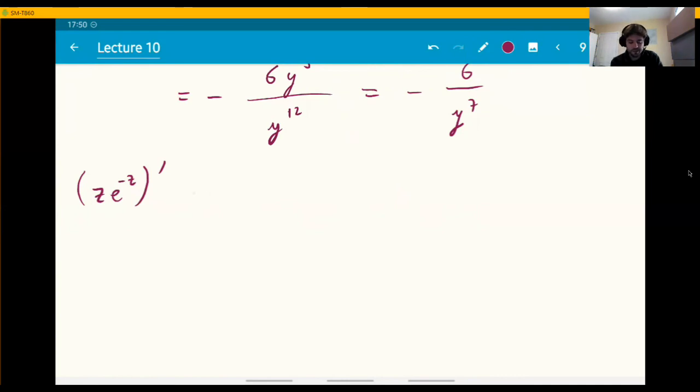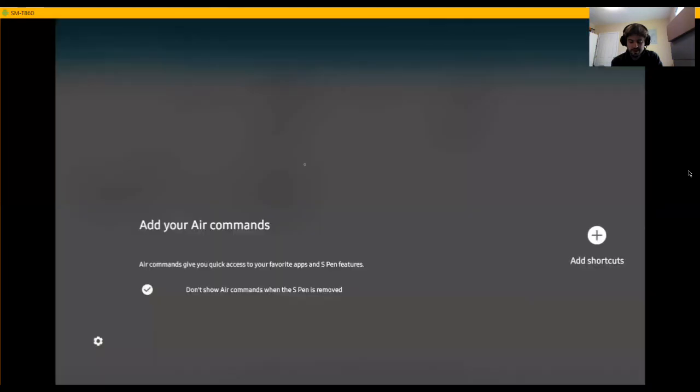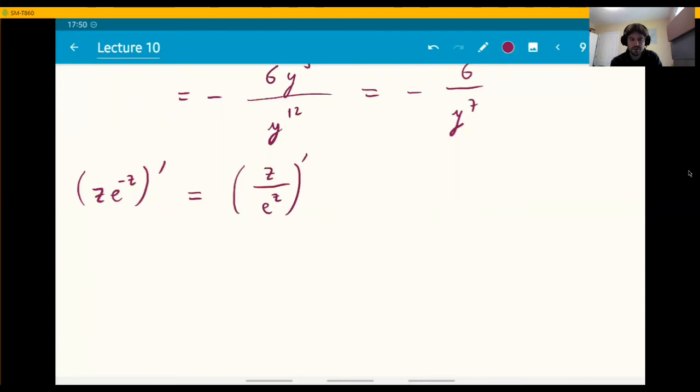But because they said use the quotient rule, we need to first of all convert this function into a quotient. And the easiest way here is to do this. Instead of writing e to the minus z, I'm going to write 1 over e to the z. That's the same thing. Now this is a quotient, and now we can use the quotient rule. Low d high minus high d low divided by low squared.